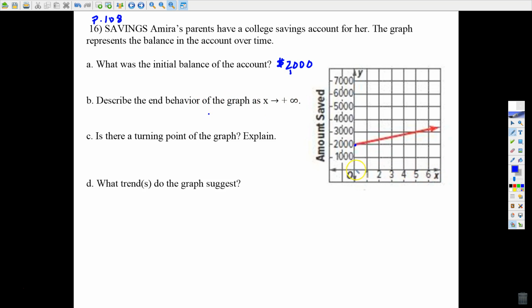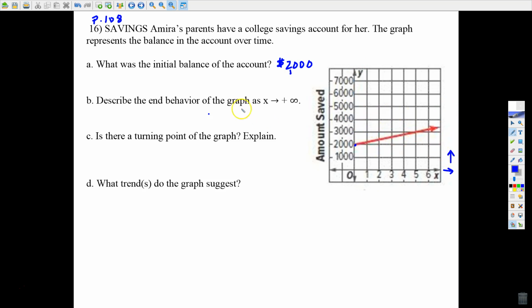Okay, so we've been doing this in previous problems. As x gets bigger and bigger and bigger and keeps on going toward positive infinity, then the function, the graph, is going the same direction, and it's going positive infinity along the y-axis, which is up.